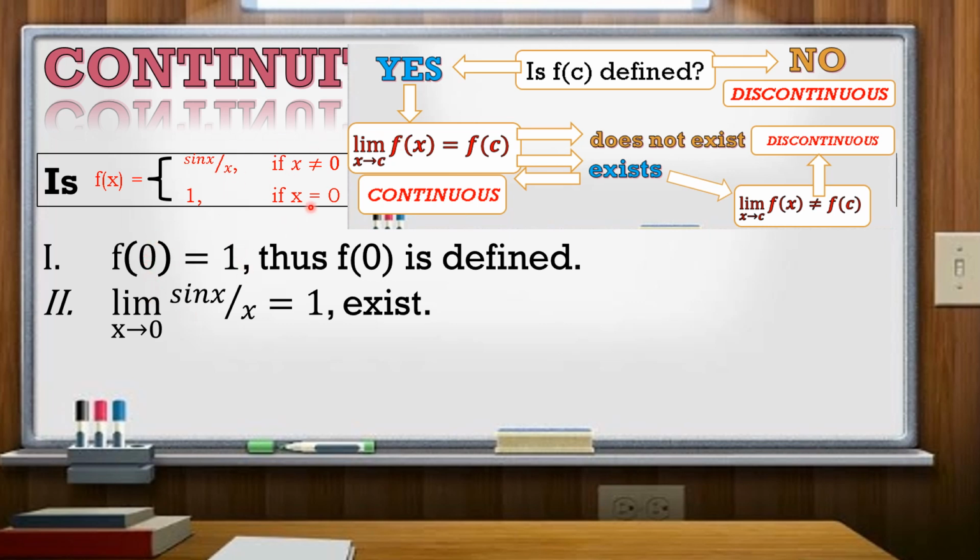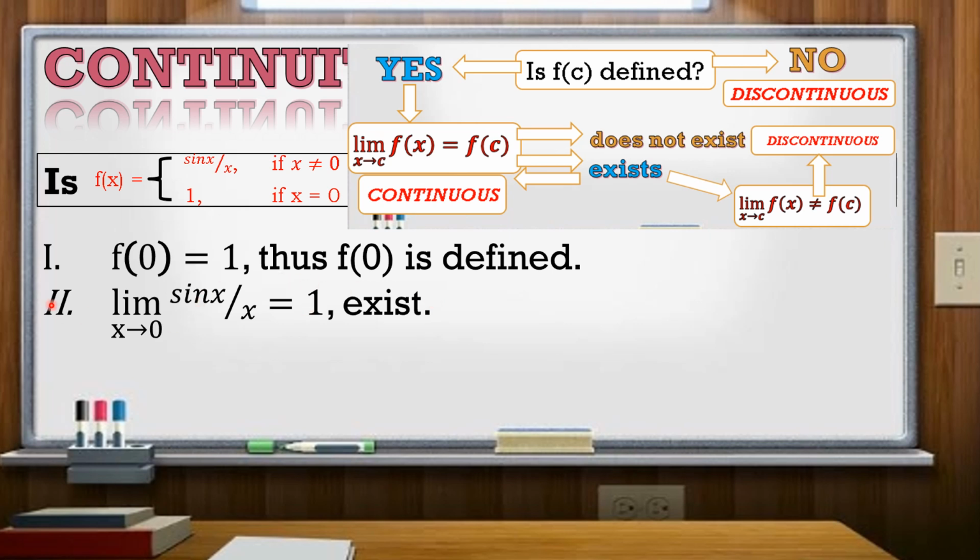Since x is not equal to 0, your left hand limit and your right hand limit are equal in value. Then, limit of sine x over x, ito yung function na gagamitin, is equal to 1. Since gagamit tayo ng special trigonometric limit, the limit of sine x over x as x approaches 0 is equal to 1, then the limit exists.